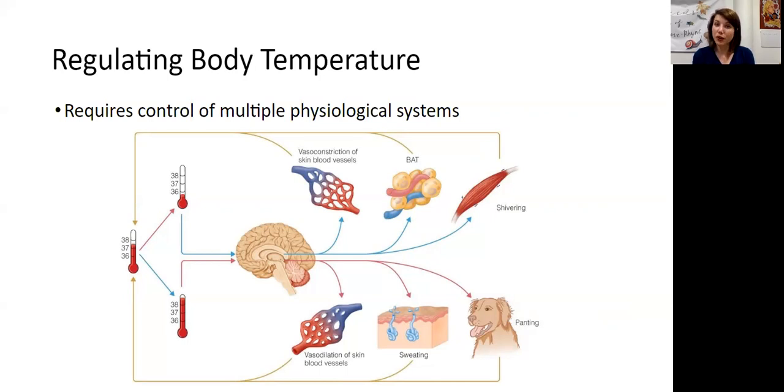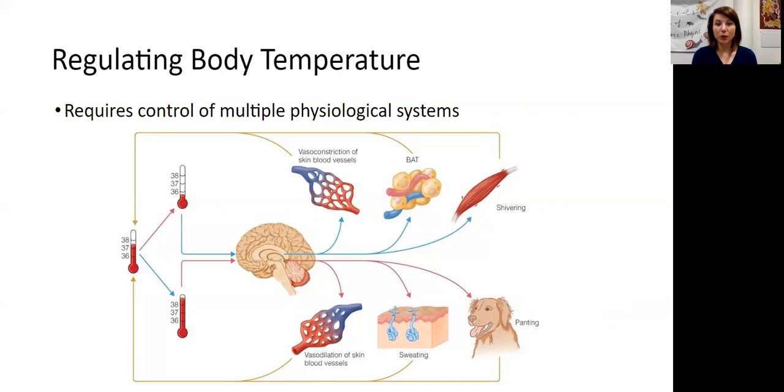So you have central nervous system input here, receiving the sensory information. And from there, it's going to have to pull a number of different levers in order to get your body to respond appropriately. So typically one of the first responses is either vasoconstriction or vasodilation.